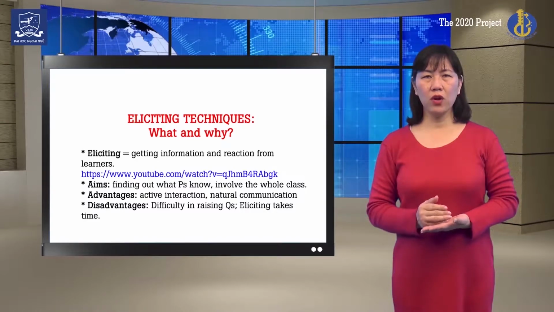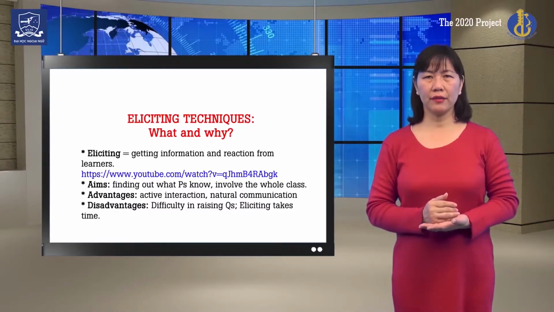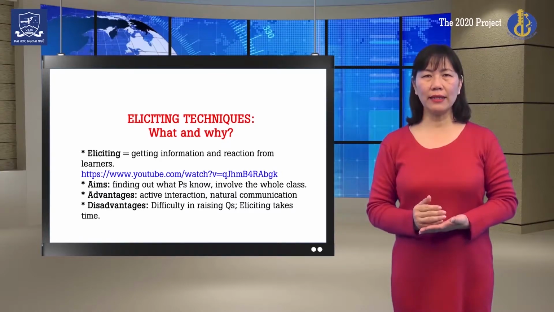This activity involves the class by focusing students' attention and making them think. It also encourages students to draw on what they already know or partly know. It's useful for mixed ability classes or for those from different backgrounds.